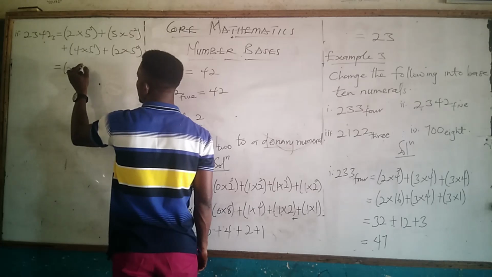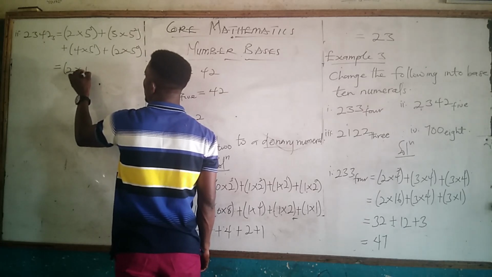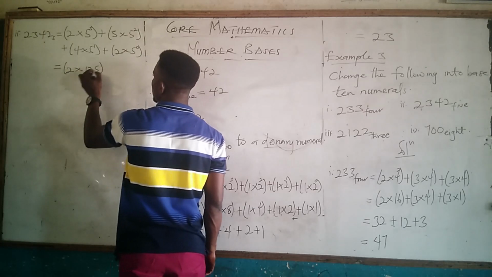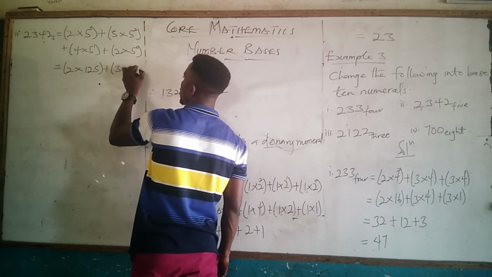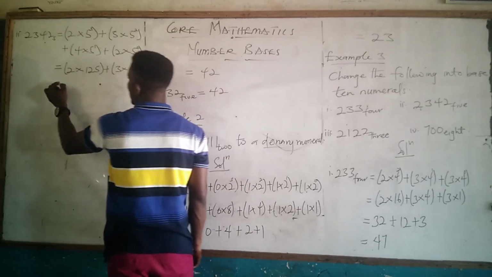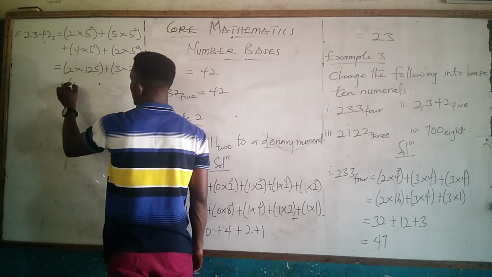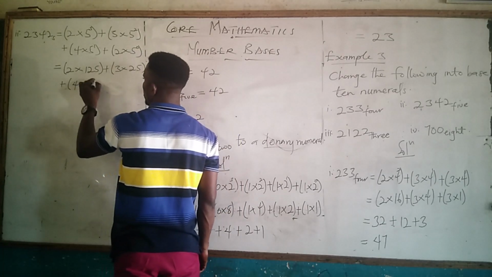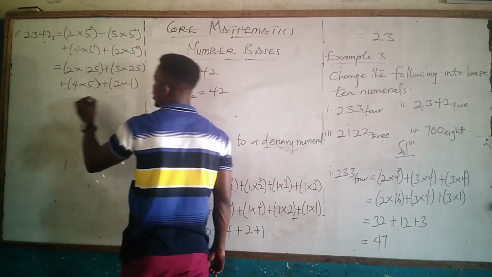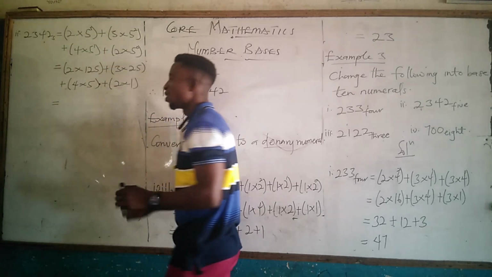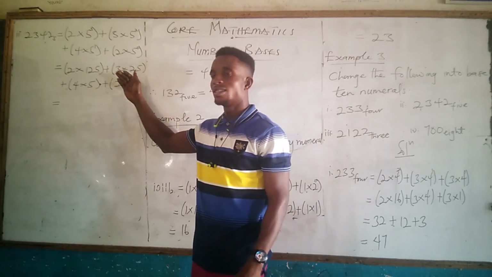And this one is going to get me 2 times 125 plus 3 times 25, then plus 4 times 5 plus 2 times 1. Were you able to get this?